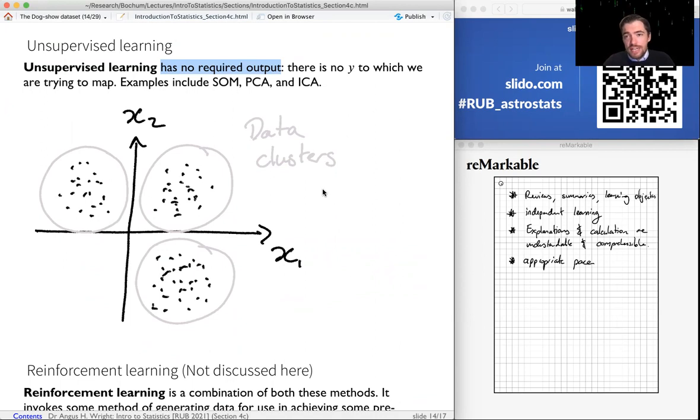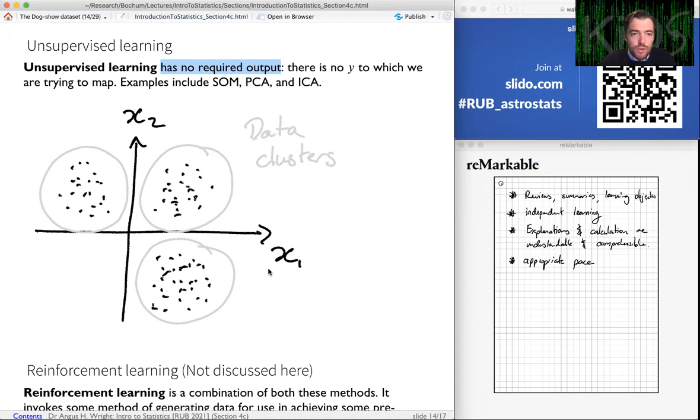And there are a bunch of examples of how this is used. One of which we're going to talk about is the self-organizing map. One of which is the principal component analysis, and the inverse of principal component analysis, which is the independent component analysis. To give you a very brief idea, unsupervised machine learning is essentially taking a data set X tilde.